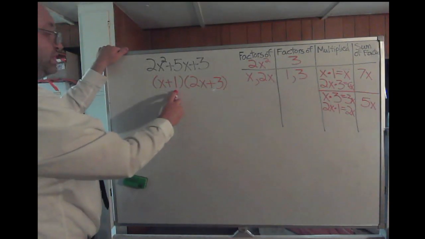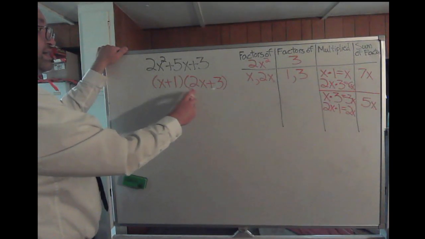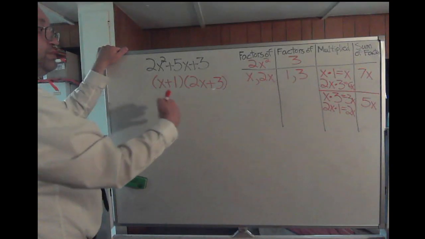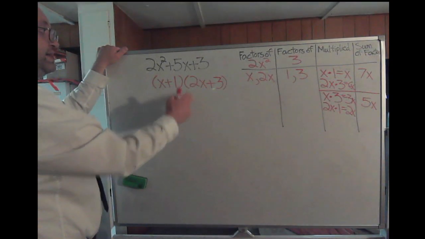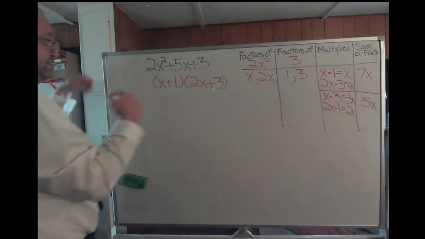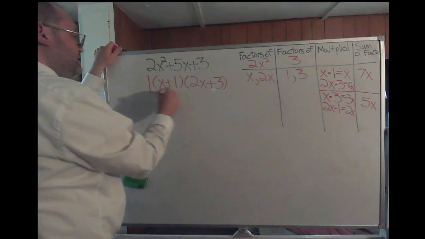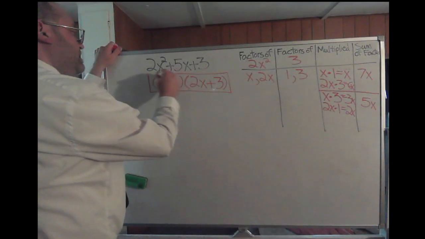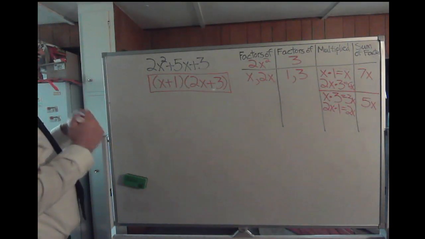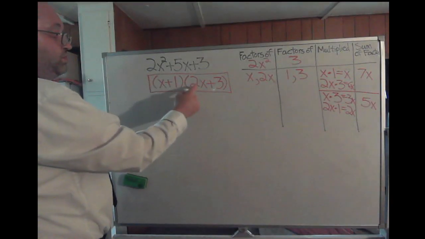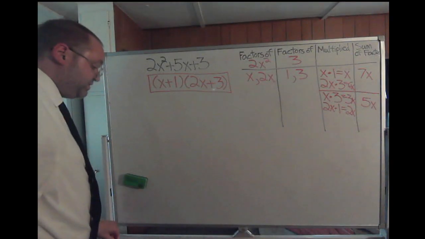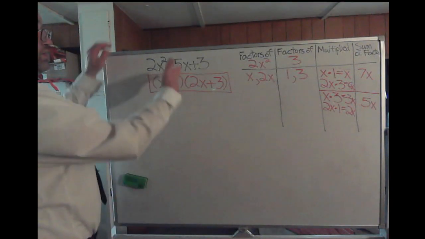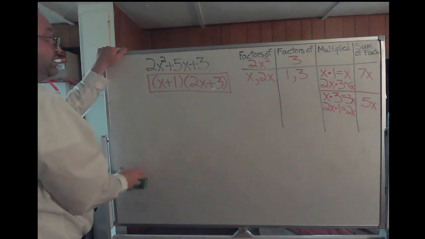Because if you take 1 times 2x, you should get 2x plus x times 3, which would be 3x. You take 2x plus 3x, you get the middle term of 5x. So the factors you should get for this would be the quantity of x plus 1 times the quantity of 2x plus 3. And if you FOIL this out, you'll get the original polynomial back.